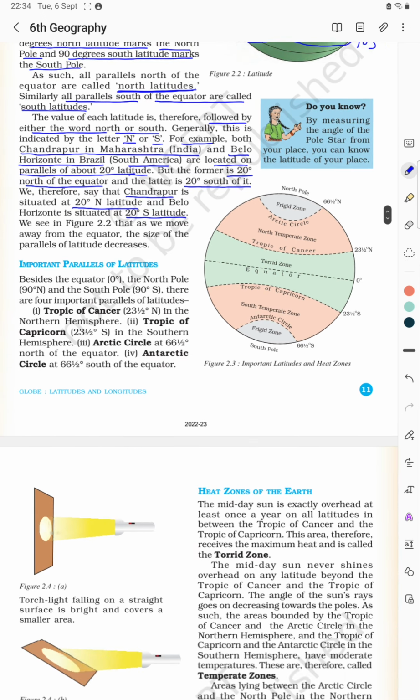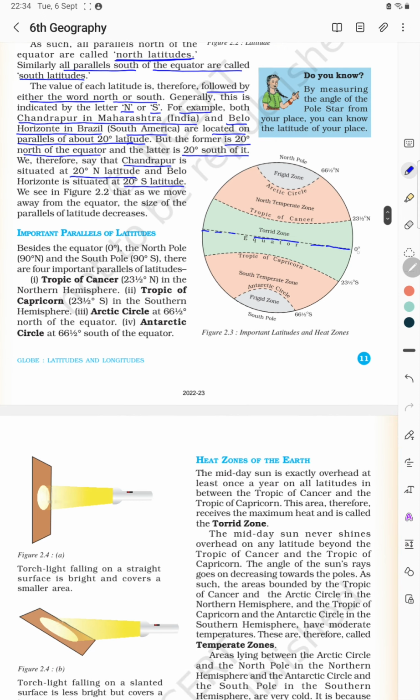Now, important parallels of latitude. This is our equator, and we have some important parallels of latitude which we must know about.